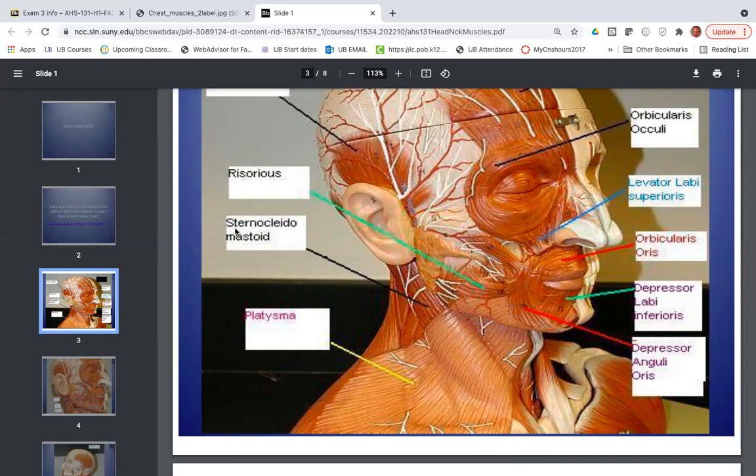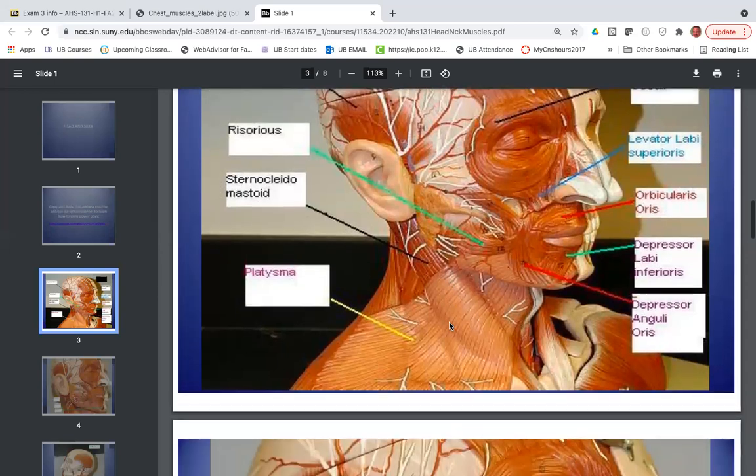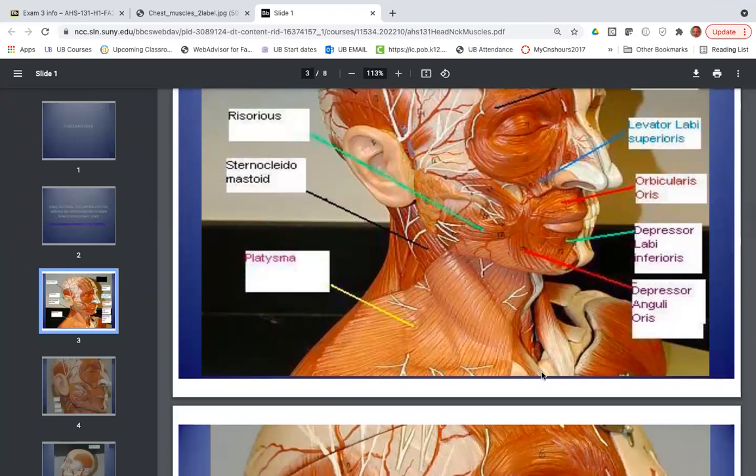So the SCM stands for Sternocleidomastoid. And this muscle is given its name by its origin and insertion because it originates on the sternum and the clavicle.